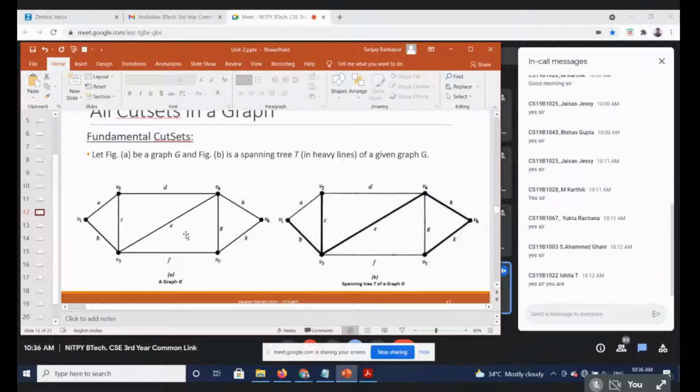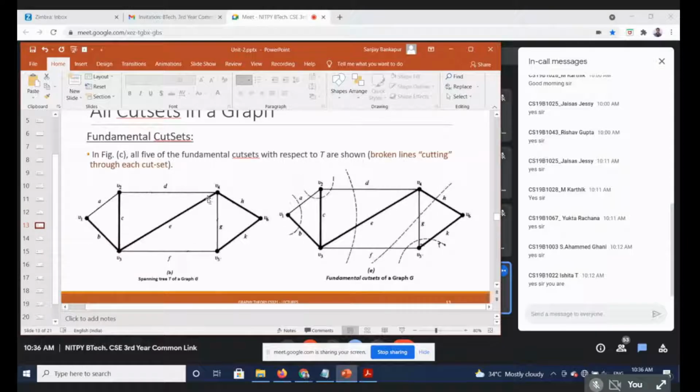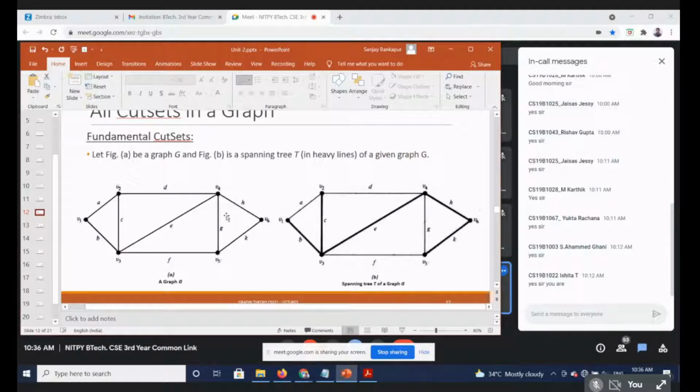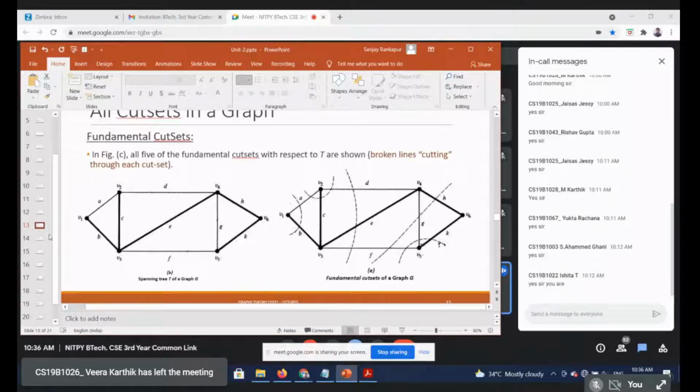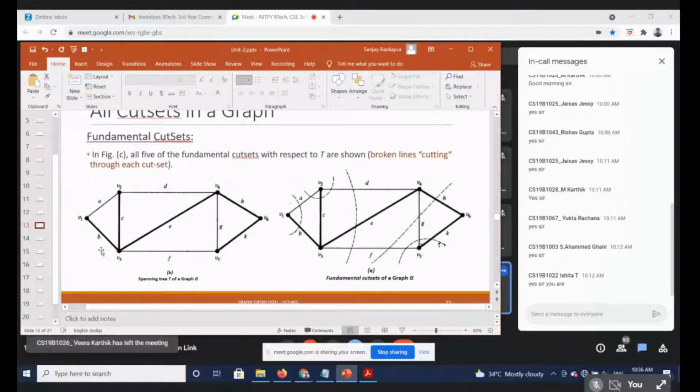If I tell them to find the cut set, it will be the cut set for that particular spanning tree, not with respect to the given graph. That's why I first drew a graph, then the spanning tree in the next slide, to make very sure that it is with respect to the spanning tree.